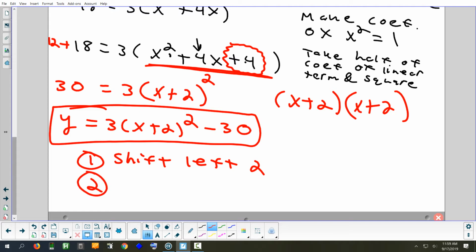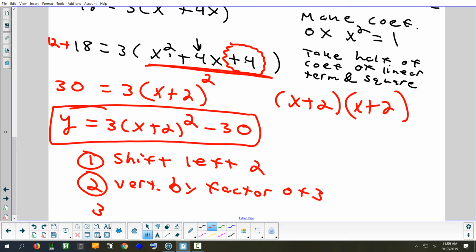Who can tell me my second thing? Chris? Something to do with vertical stretch. Yeah. By a factor of 3. So vertical stretch by a factor of 3.